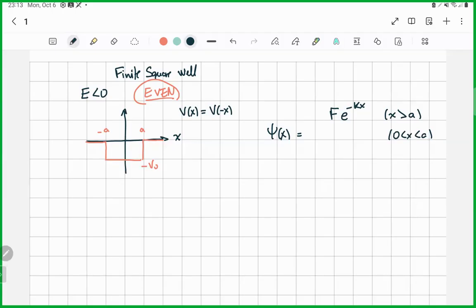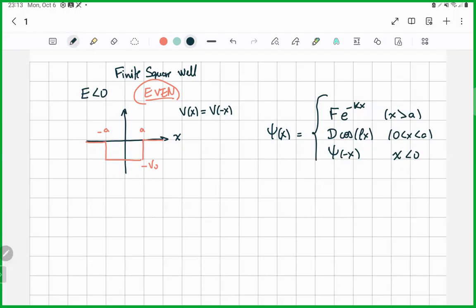And for this, we only pick the bounded solution, and we only pick the even part of it, which is the cosine. And for everything below 0, we don't need to do anything. The solution is even, so it's just psi of minus x equals psi of x.